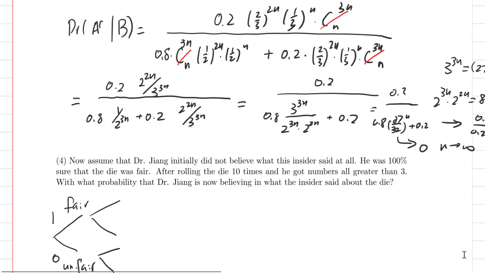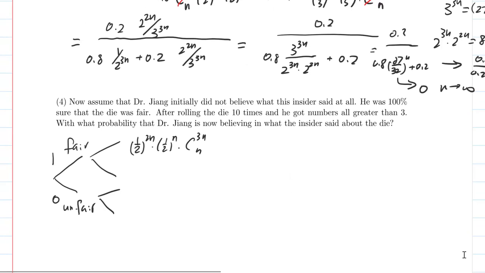If it's fair, then we're going to have 1/2 to the 2n and 1/2 to the n, multiplied by C(3n, n). So this is the same thing. Unfair is still the same thing, 2/3 to the 2n and 1/3 to the n, and C(3n, n). And we have exactly the same formula.